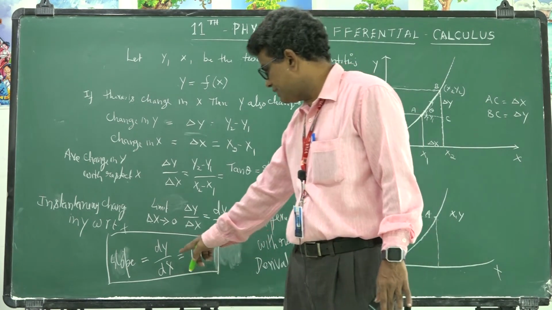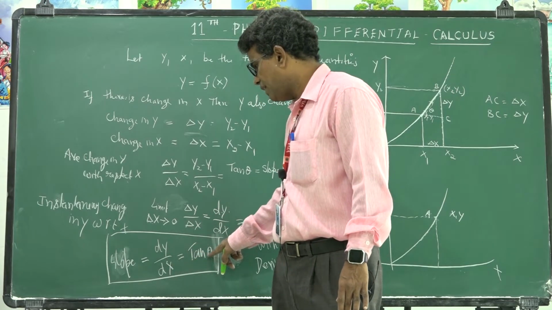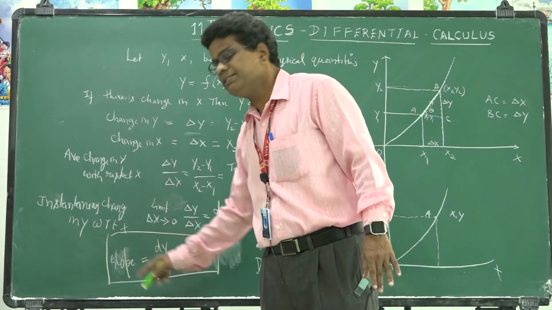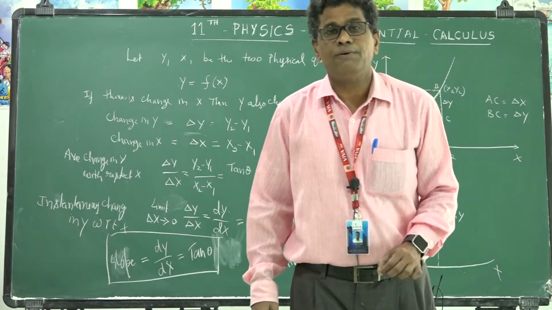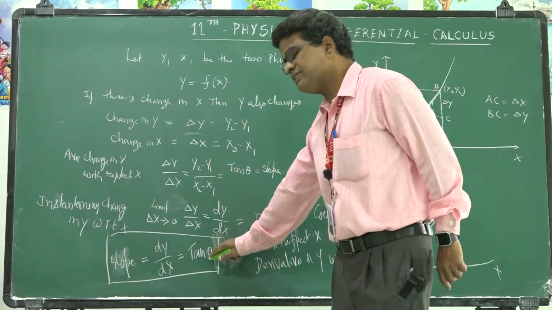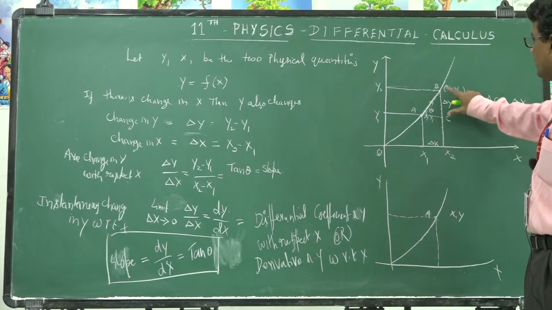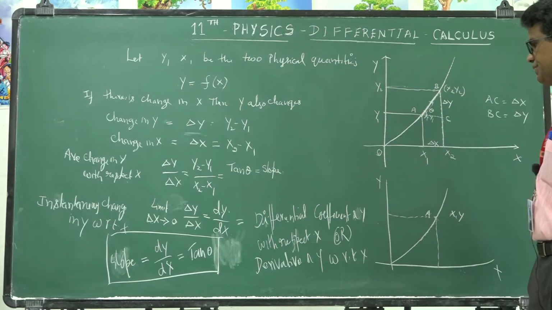Mathematically we can represent it as dy by dx. For the curve, it is equal to the slope at that point. So slope means we can use the formula tan theta. Tan theta means y coordinate by x coordinate.